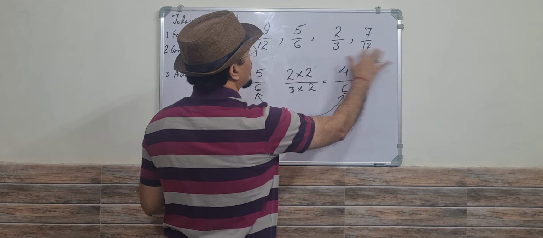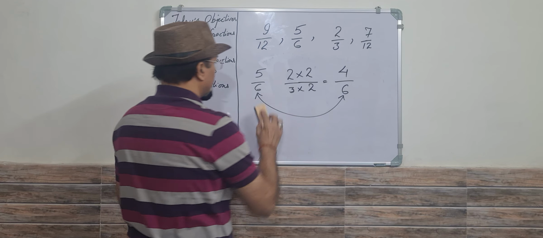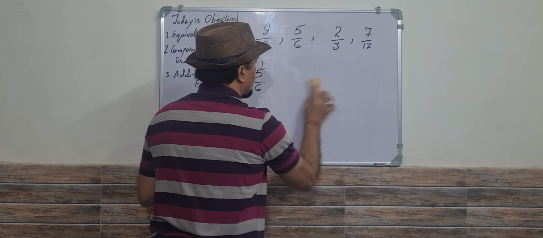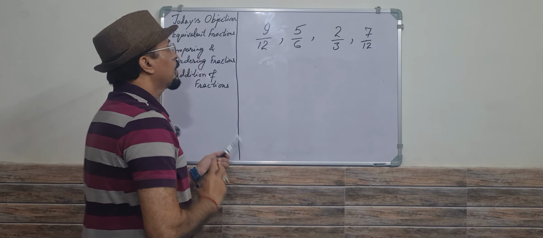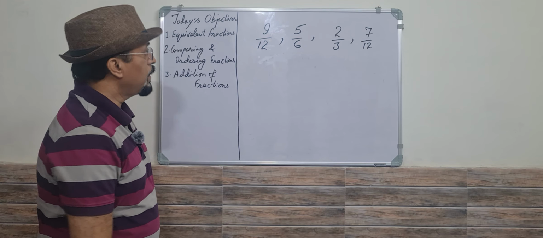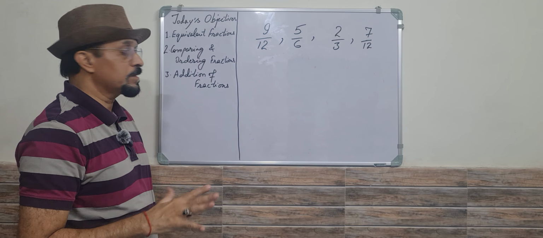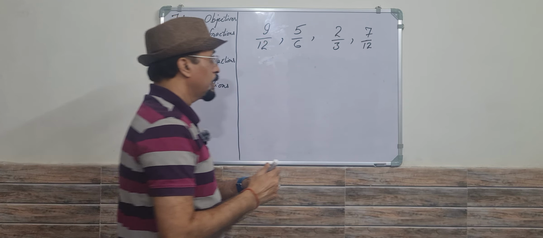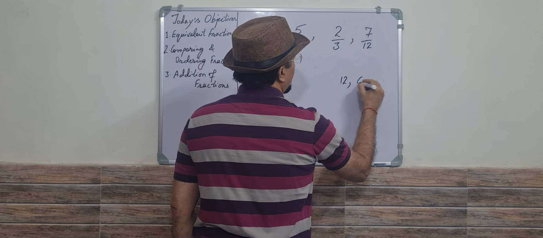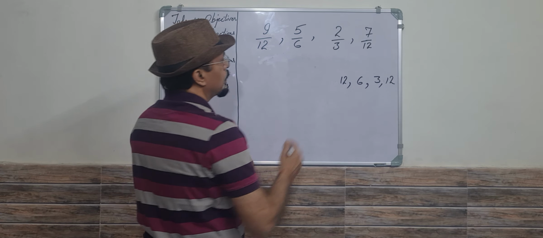Now if we have more than two fractions and we need to find the same denominators, I'll tell you what we'll do. We'll take all these denominators and find the LCM of these denominators, the least common multiple. I hope you know the method of finding LCM. I'm going to find the LCM of these denominators like this.